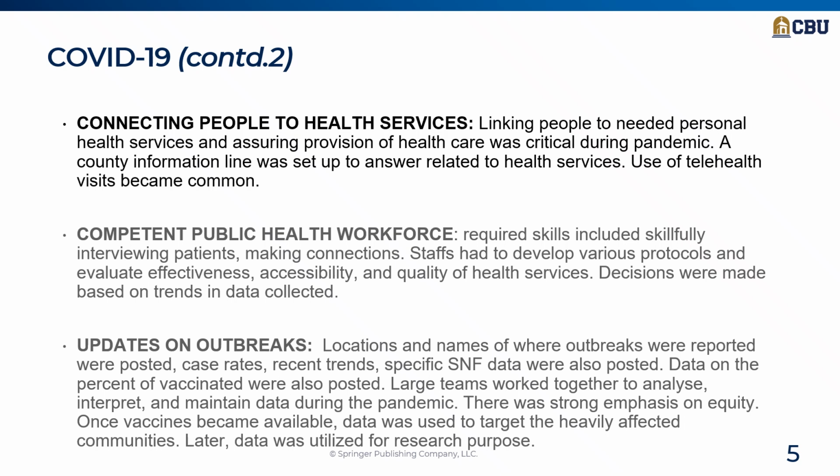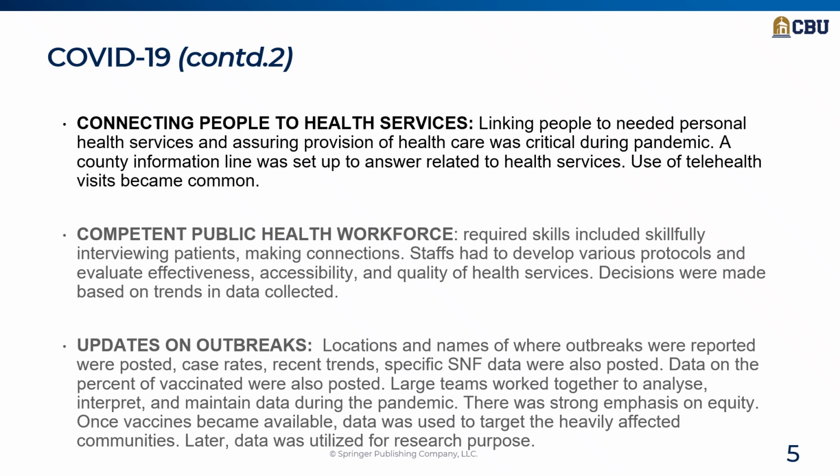A competent public health workforce was essential. Staff conducted case interviews, identified risk factors, built investigation tools, and analyzed large volumes of data, including tracking cases, hospitalizations, deaths, and positivity rates. These data directly informed health officer orders and surge planning.